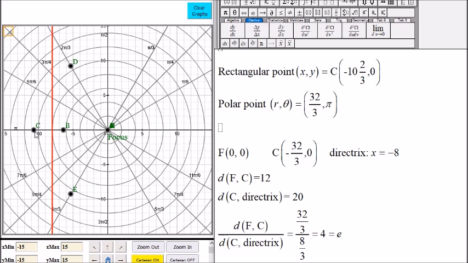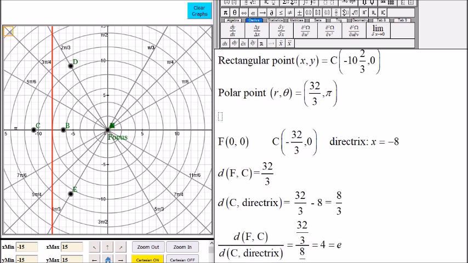And now we'll look at this point C. Point C is located at the coordinates of negative 10 and 2/3 and 0. So this point right here is negative 10 and 2/3 and 0. The distance from C to the focus will be 32/3, which is 10 and 2/3.